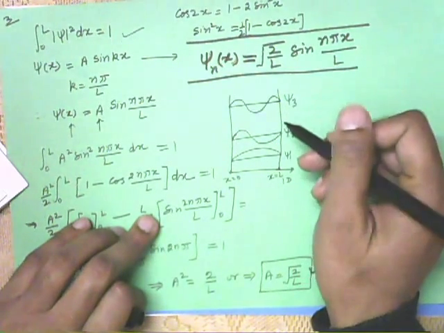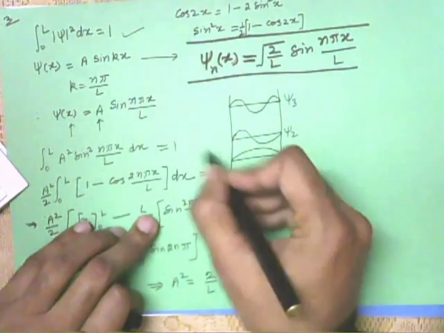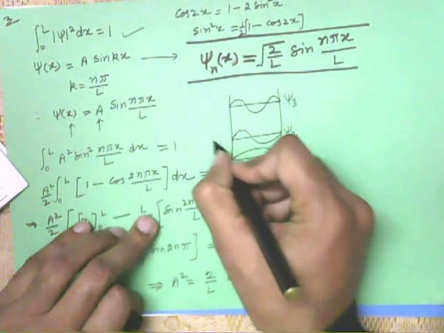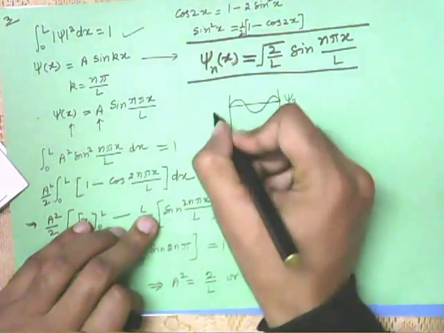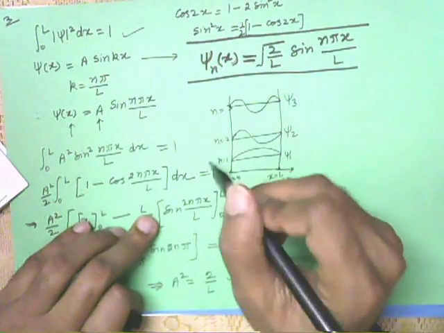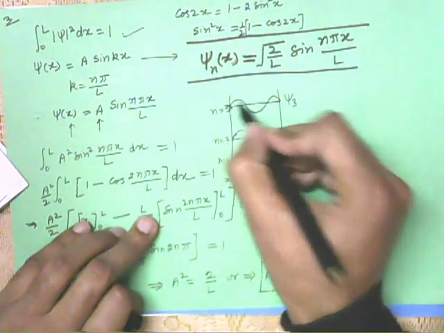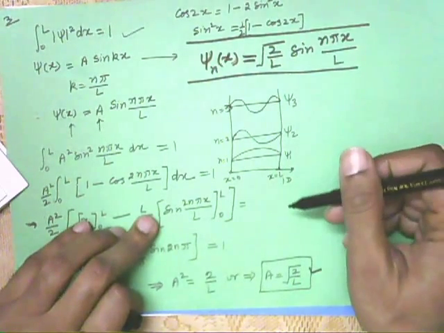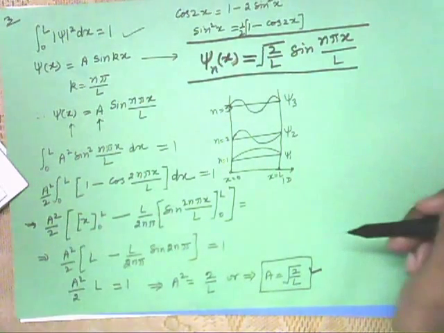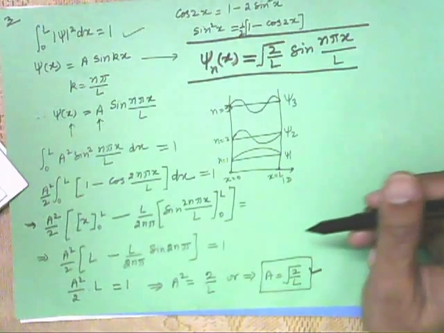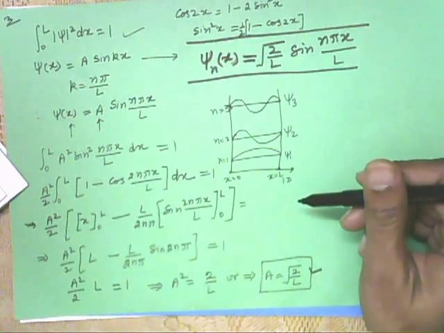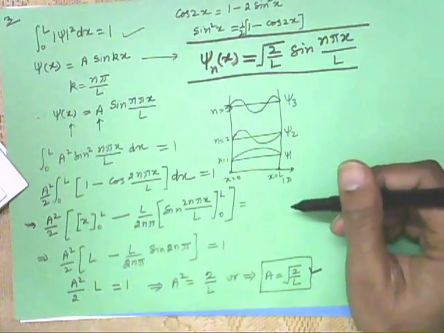In the case of the probability, n is equal to 1 is the ground state, then n is equal to 2, n is equal to 3. These are the names of the states in the one dimensional potential well for the electron.